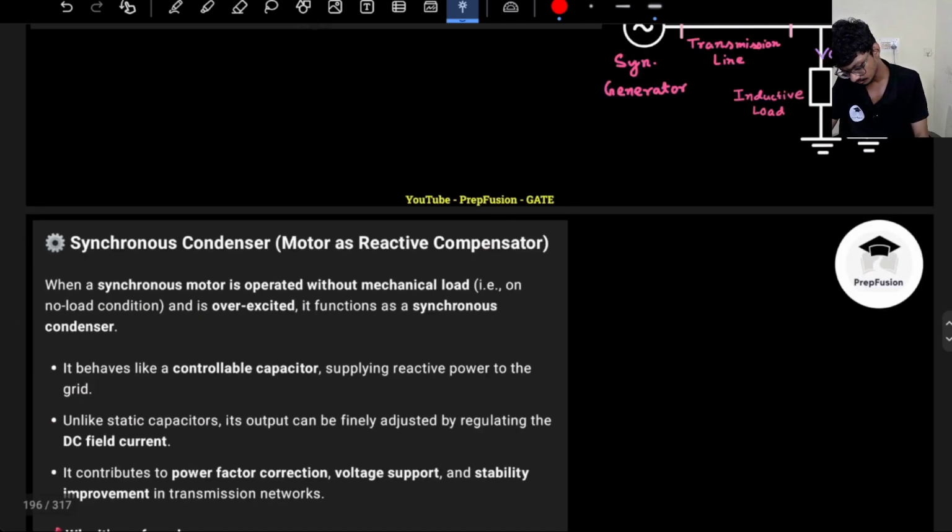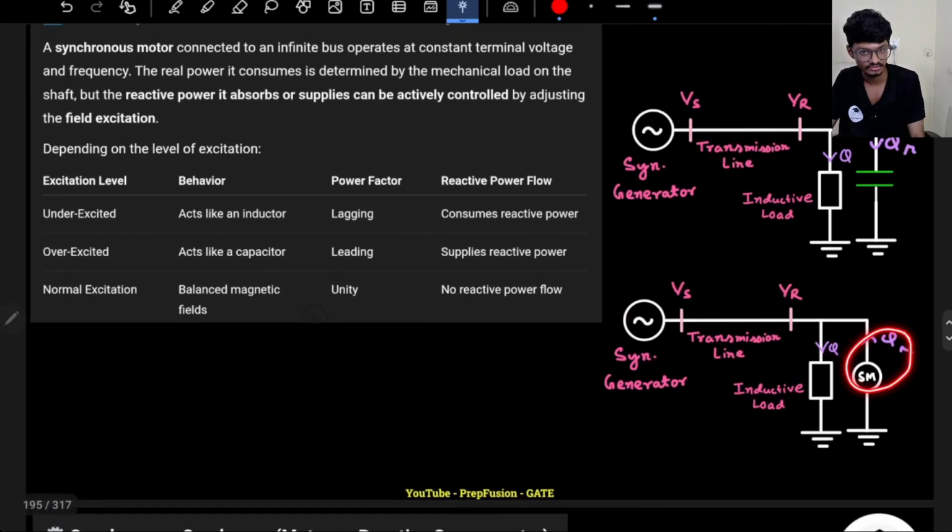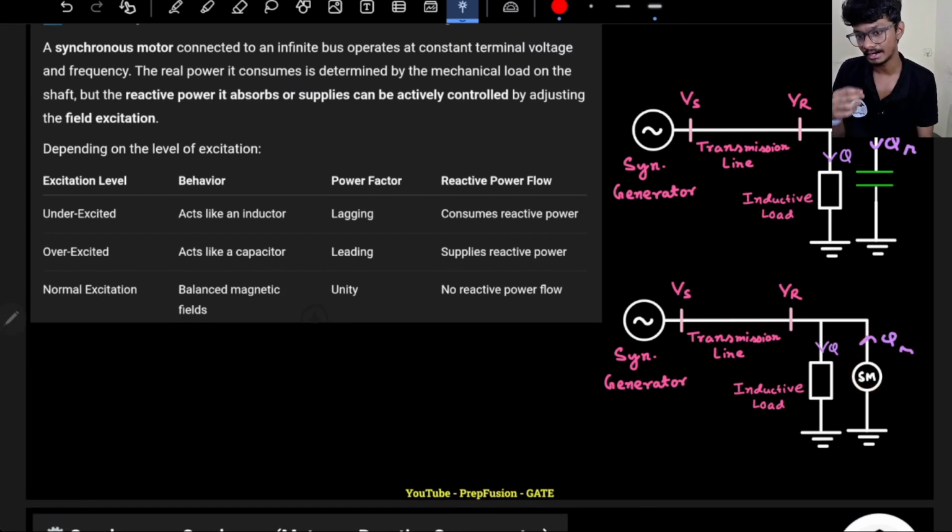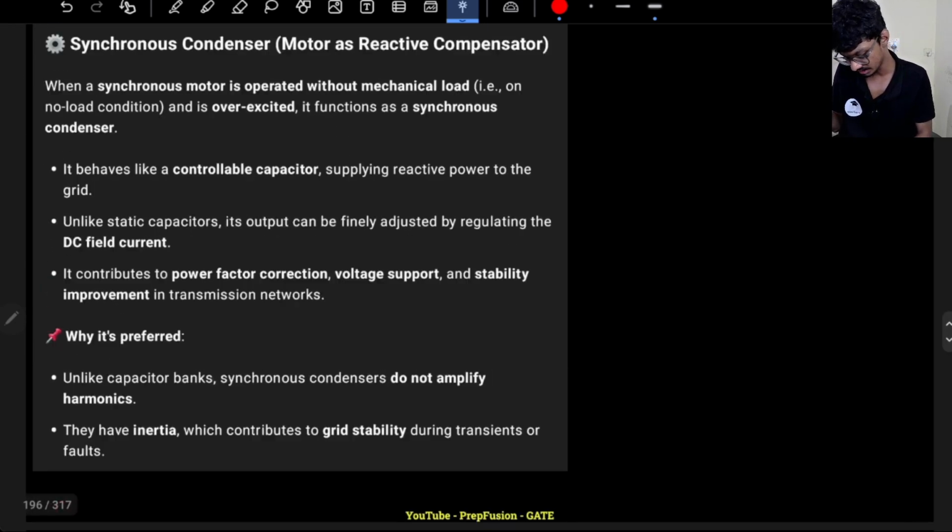That's why there is a very wide use case of the synchronous motor. We use it to develop a leading load. We overexcite our machine by providing more field current so that it operates at leading power factor and delivers reactive power to the inductive load. The same thing is written over here.